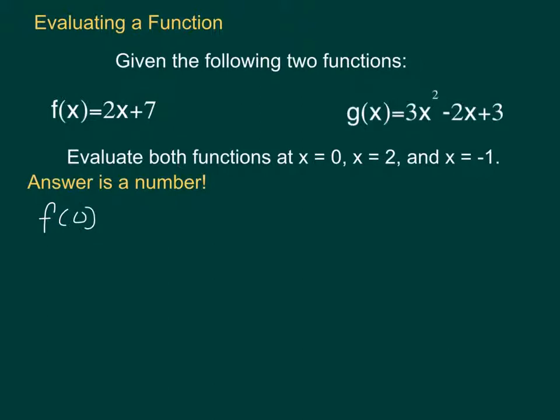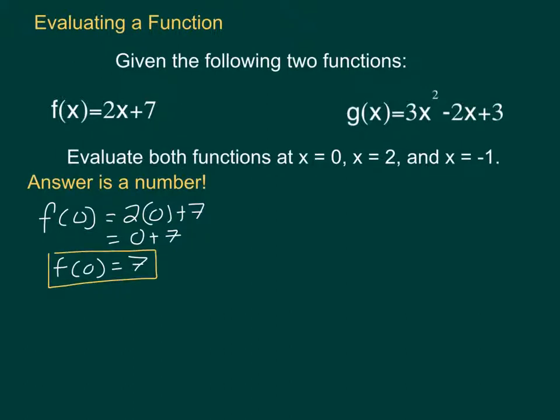I'm saying f of 0 equals 2 times 0 plus 7. And now I just go ahead and do that work out. 2 times 0 is 0, plus 7, and 0 plus 7 is 7. So my final answer would look like this. F of 0 equals 7.